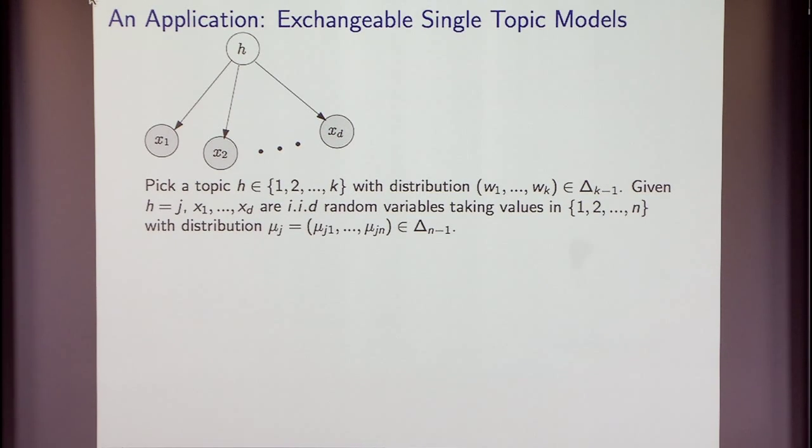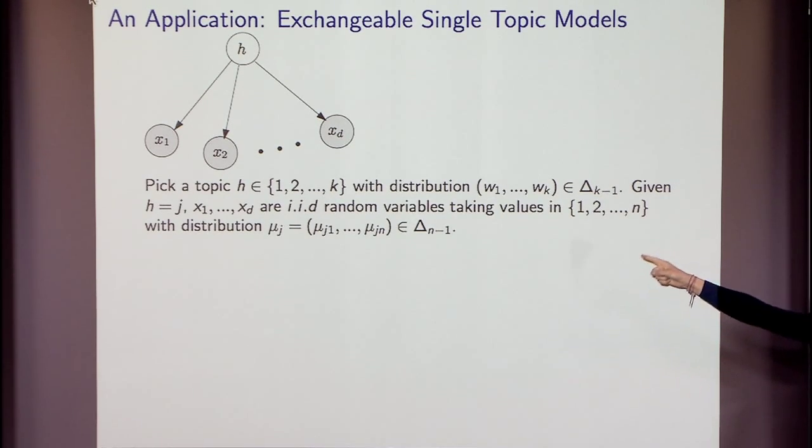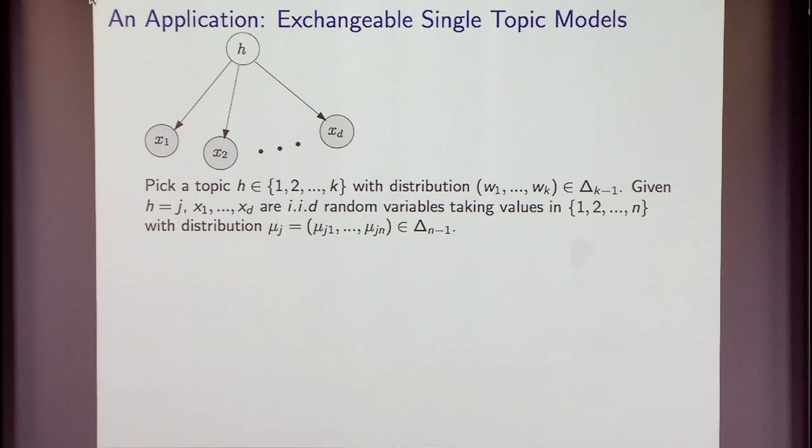We first pick h, which is a topic, taking values from 1 to k, and its distribution is given by this vector w. Once we pick a topic, we pick each of the d words IID at random, and if the topic is j, their distribution is given by mu j. So they're independent given the topic.